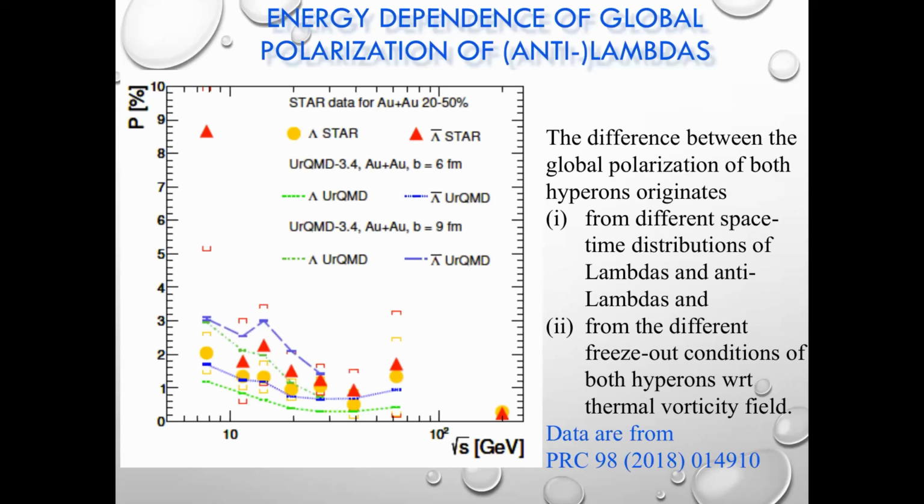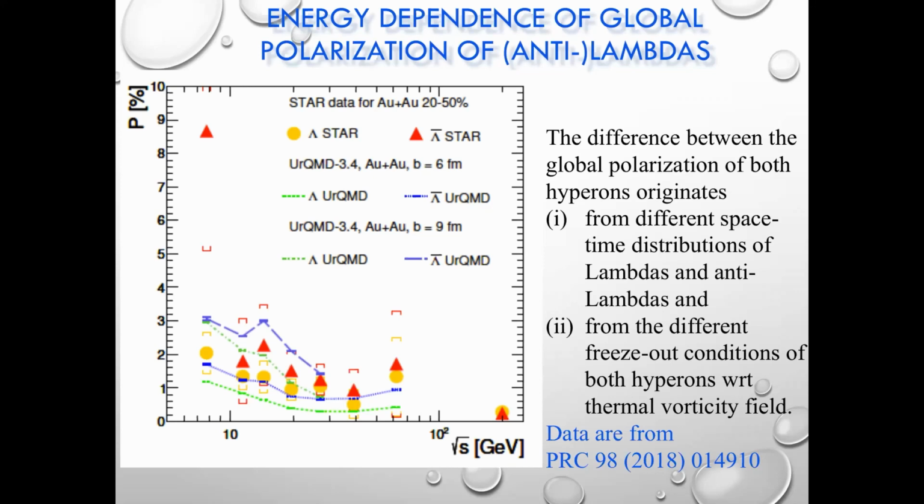So the green line and the blue line show us the band of polarization of lambdas and anti-lambdas respectively. For lambda bars, for the impact parameter 9 Fermi, we can get the polarization about 3%.